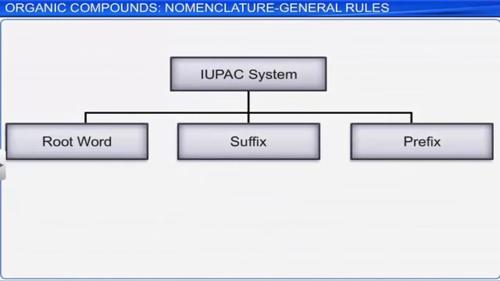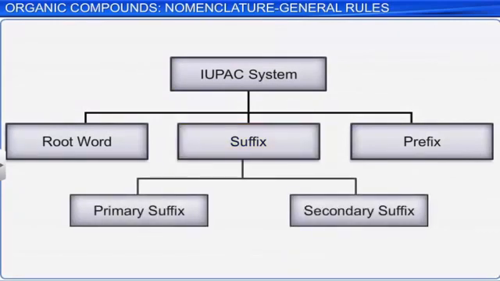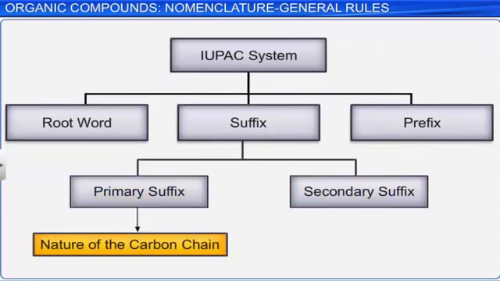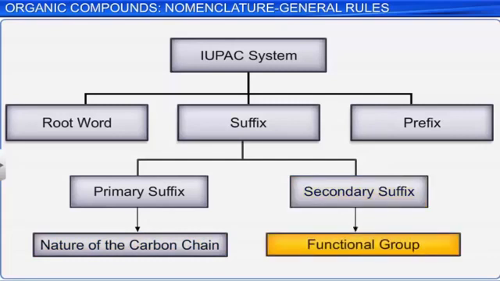Now let's look at the suffix. There are 2 types of suffixes: primary and secondary suffix. A primary suffix indicates the nature of the carbon chain, that is saturated or unsaturated, and the secondary suffix indicates the functional group present in the compound.